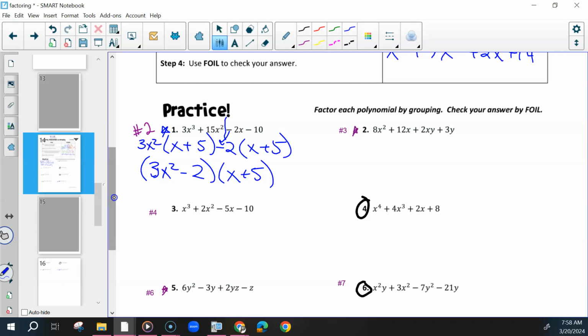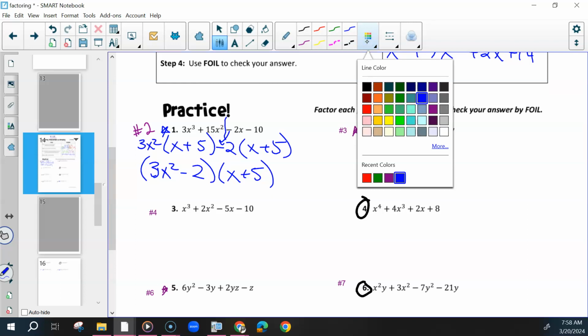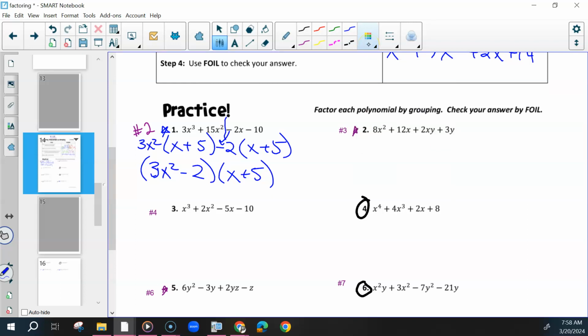Let's do number 2. After we split it down the middle, what's our first step? When you say both, which ones do you talk about? The first 2, divided by 2x.